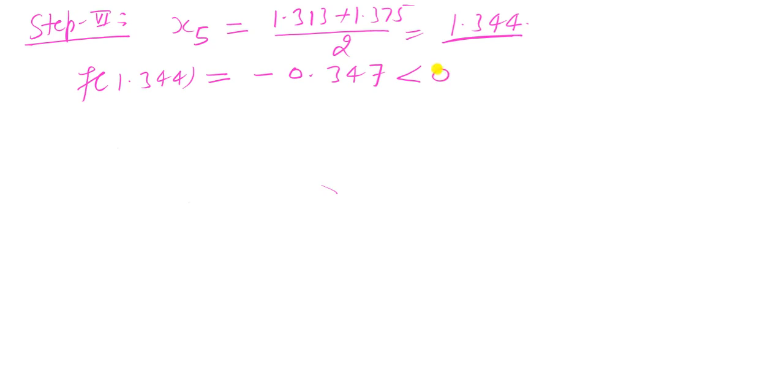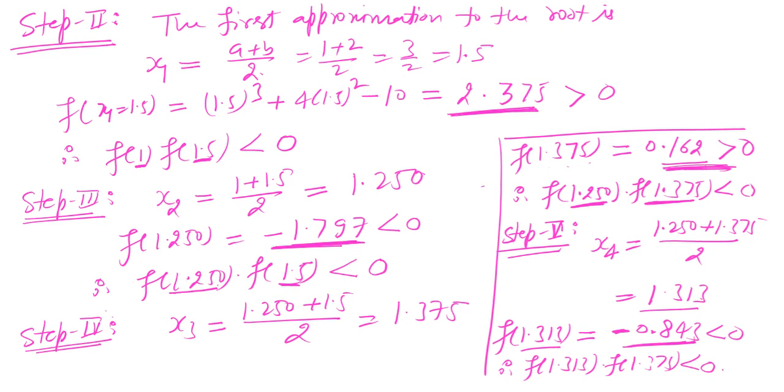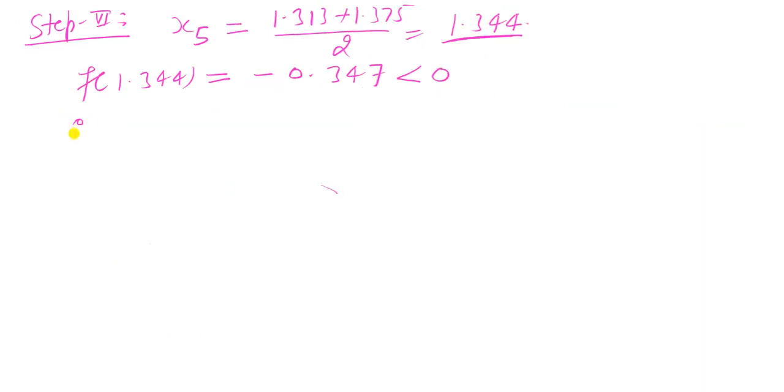This is less than 0, that is negative, and in step 5 this functional value is negative and in step 4 this functional value is positive. It means the root is lying between 1.344 and 1.375. So therefore f(1.344) into f(1.375) is less than 0. So now the root is lying between 1.344 and 1.375.